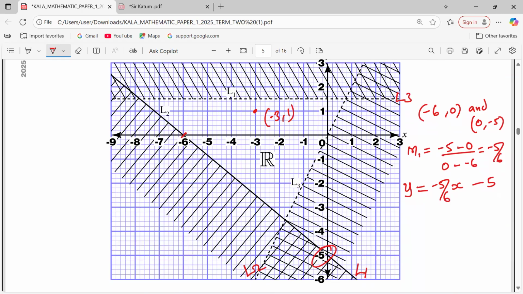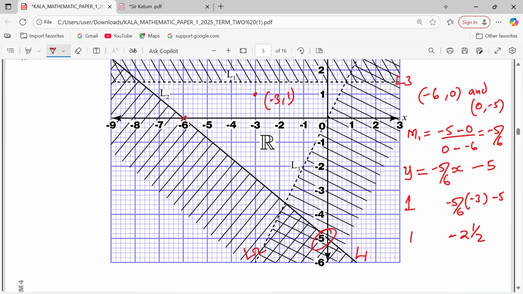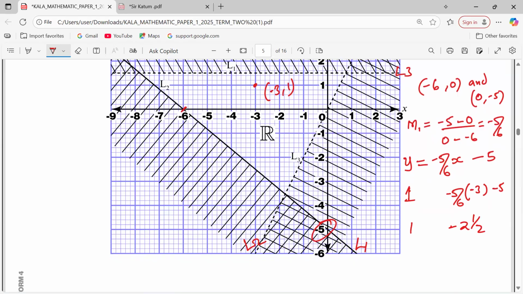So we have y as 1 on the left, then on the other side, -5/6 into -3 minus 5. This gives us -2.5. Now we ask ourselves, in the number line, how is 1 and -2.5 related?